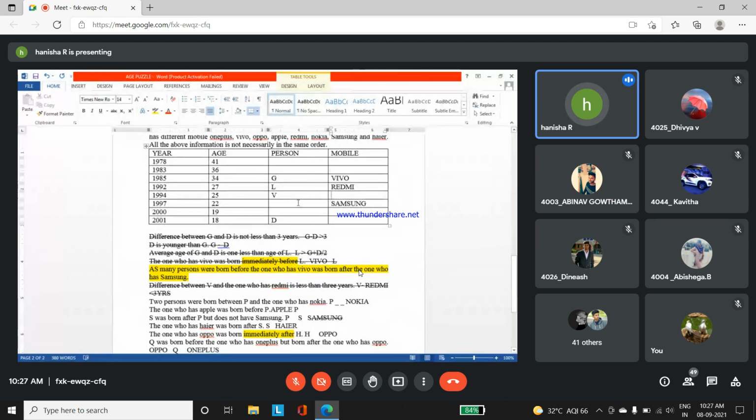If I give P over here, I cannot mark Nokia because only 2 persons are there below P, after which I have to mark Nokia, and for that I don't have space. So the exact position where P will come is here, and after leaving 2 persons, you have Nokia over here. So this is done.